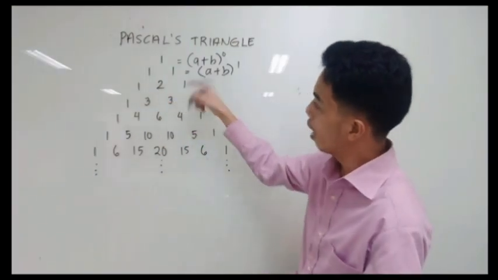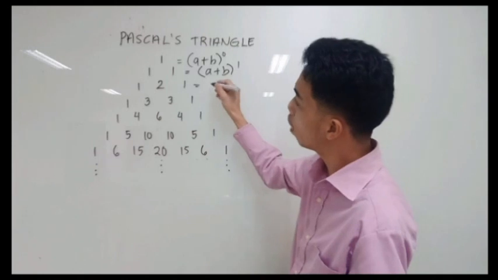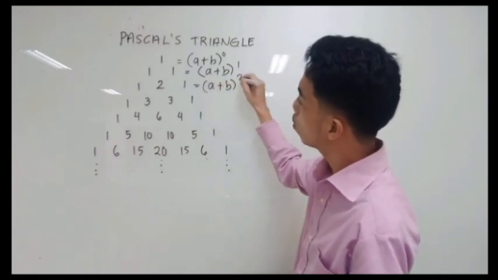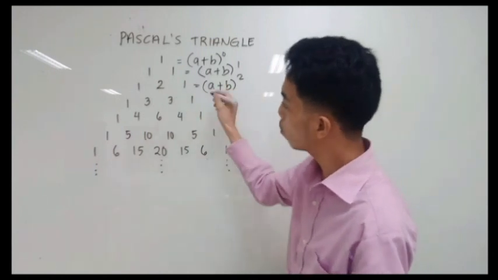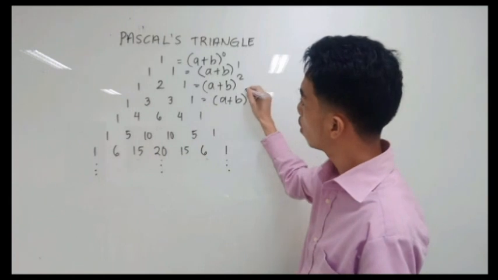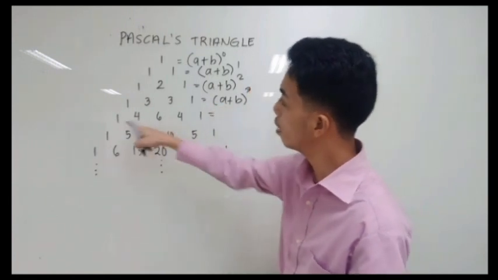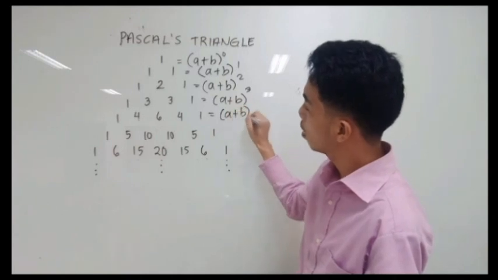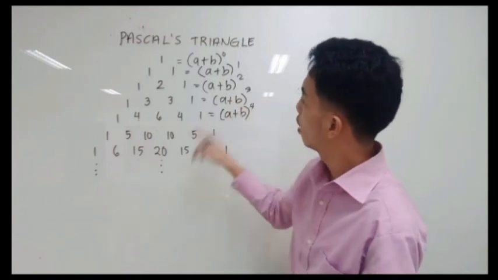Now, if we have this one, we have a binomial a plus b which is raised to 2. And this one, we have a plus b raised to 3. This one, you have a plus b raised to 4.